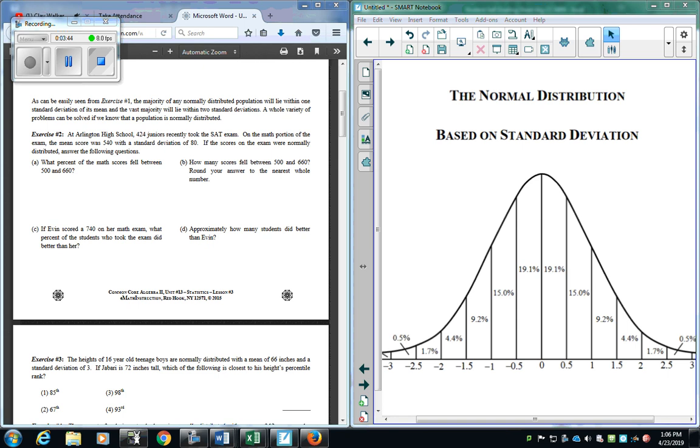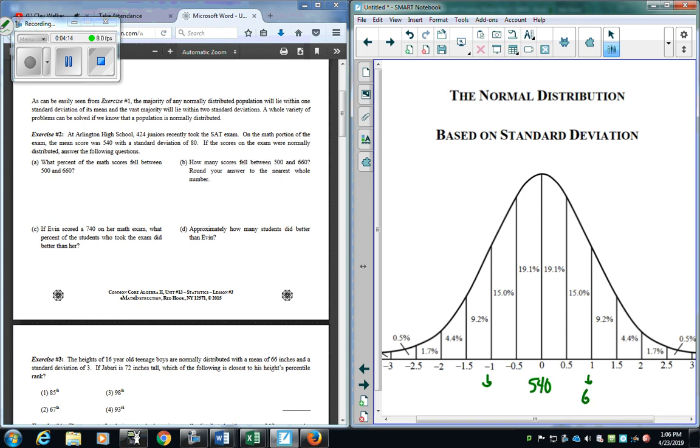Well, in this case, what you'd want to do is take this normal curve and figure out what numbers actually match up with those values in the normal curve. So what I mean by that is, it says the mean score is 540. So that means that 0 in the middle is 540. And then standard deviation of 80 means that if I wanted to get to 1 on this part and -1 on this part, I'd have to add and subtract 80 to those values.